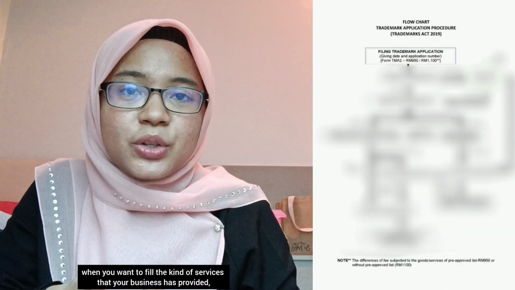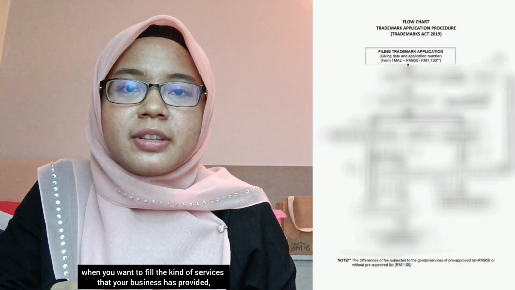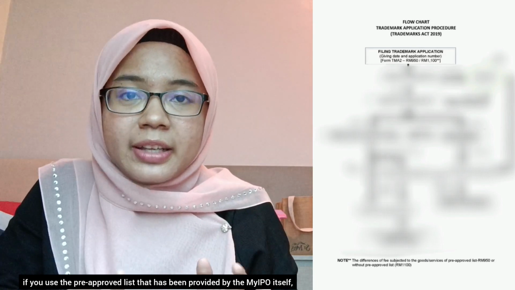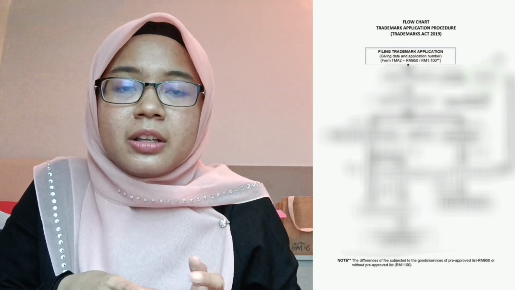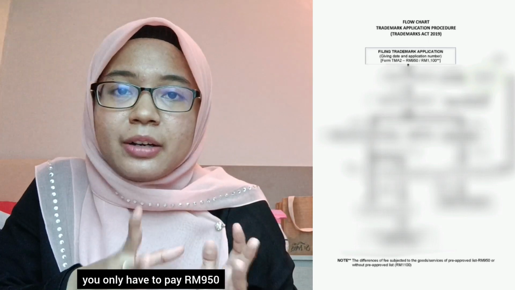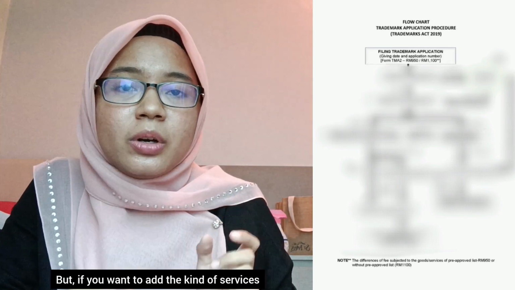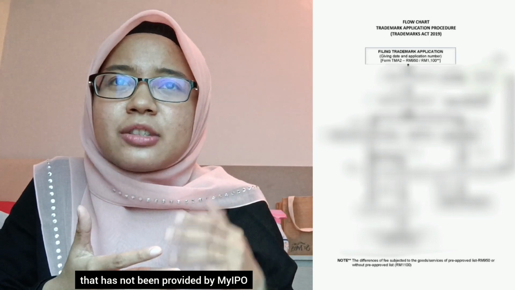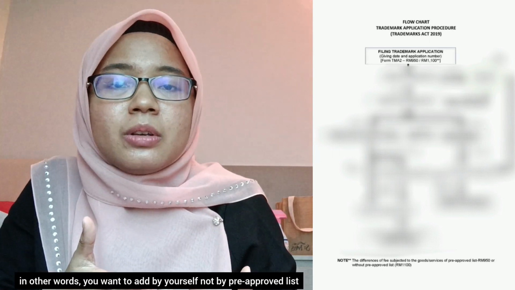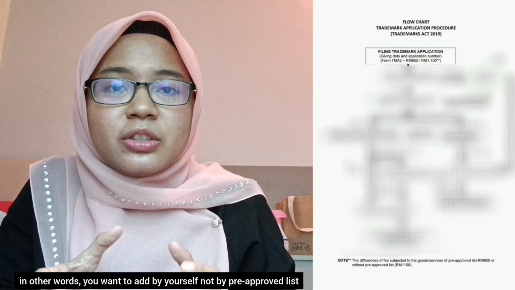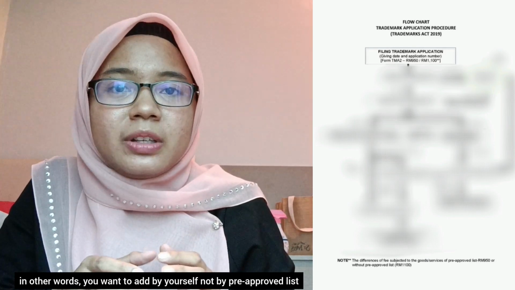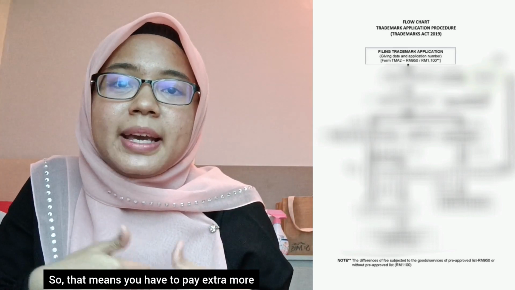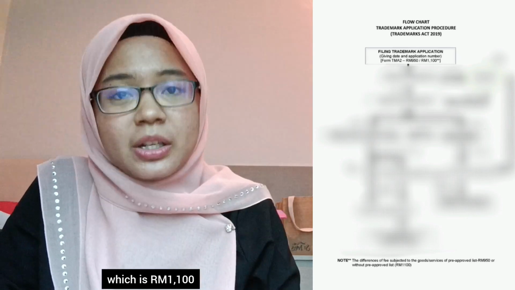What it means is that when you fill in the kind of services that your business provides, if you use the pre-approved list provided by MIPO itself, you only have to pay 950 ringgit. But if you want to add services that have not been provided by MIPO, in other words, you want to add your own new one, not from the pre-approved list, then you have to pay extra, which is 1,100 ringgit.